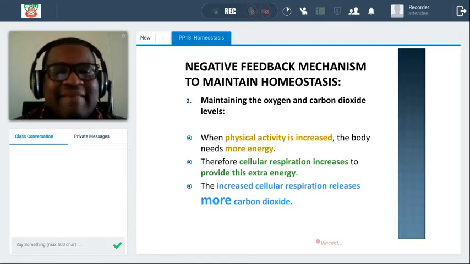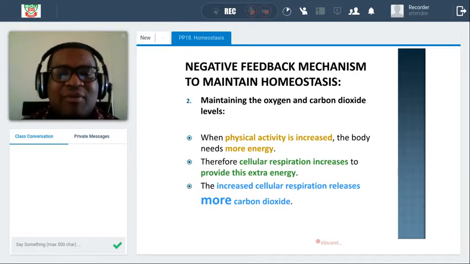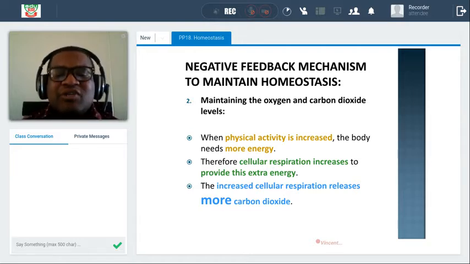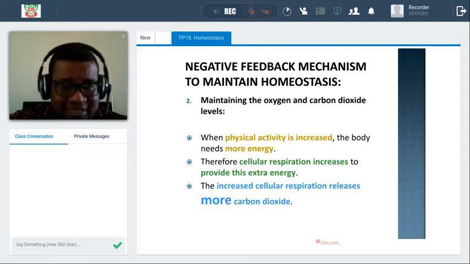Now we look at the next homeostatic control, which is oxygen and carbon dioxide. So when you are exercising, physical activity is very high, so the body will need more energy. Therefore, cellular respiration is increased to provide this extra energy. This increased cellular respiration releases too much carbon dioxide in the body.